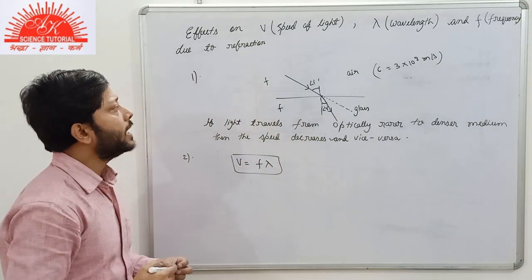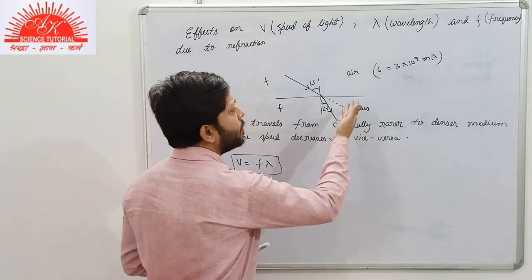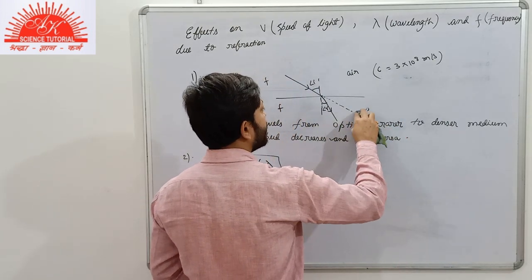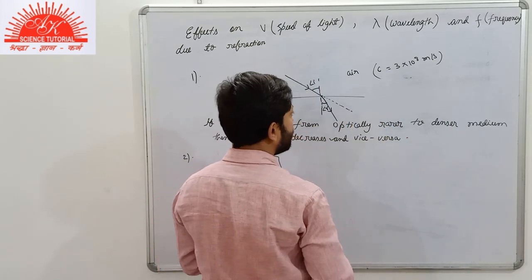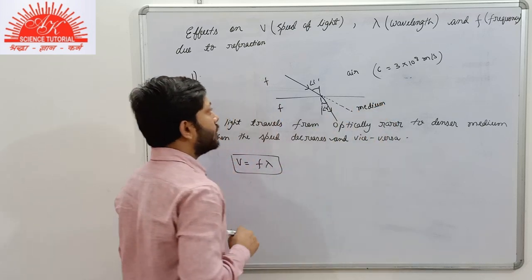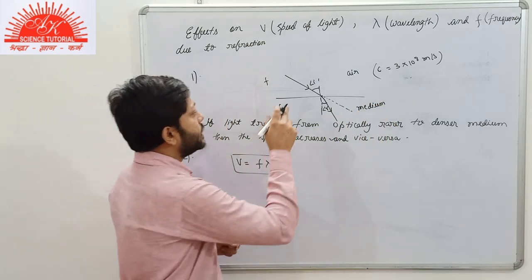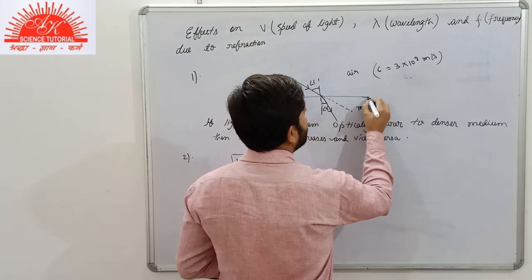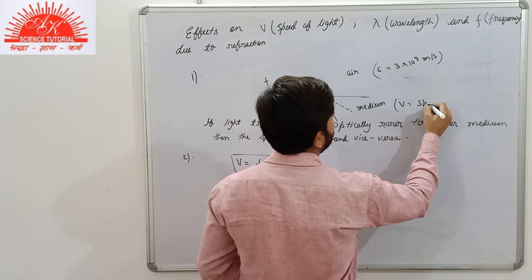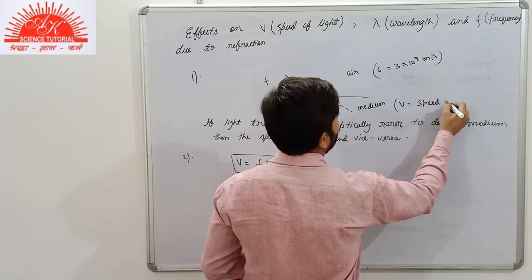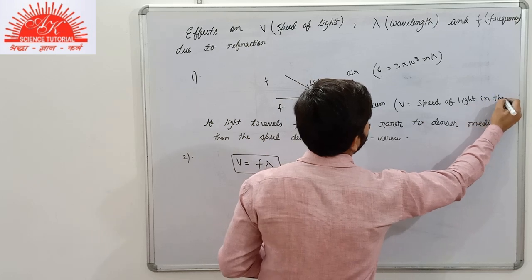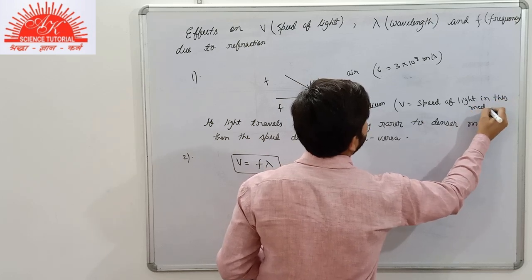When this light ray enters the second medium, suppose this is any medium, we have taken the example of glass, but it can be anything. Now suppose the speed of light in this medium is v.